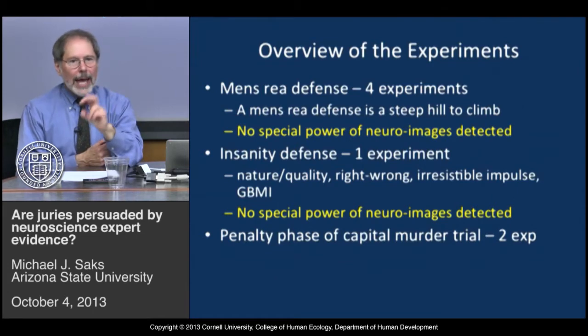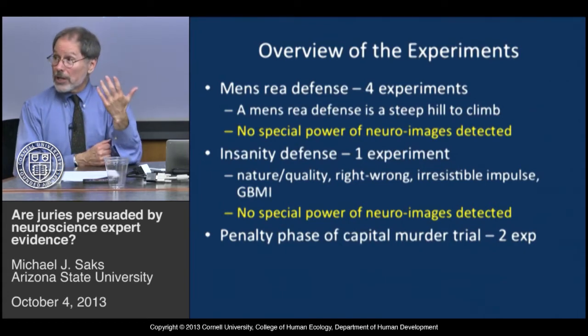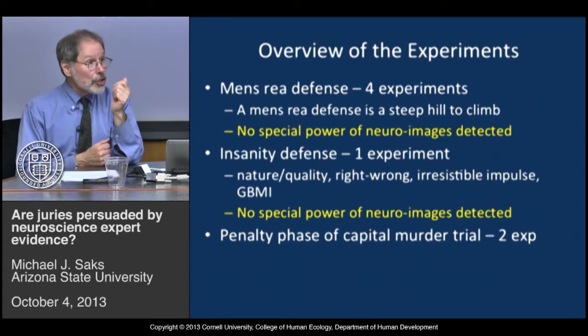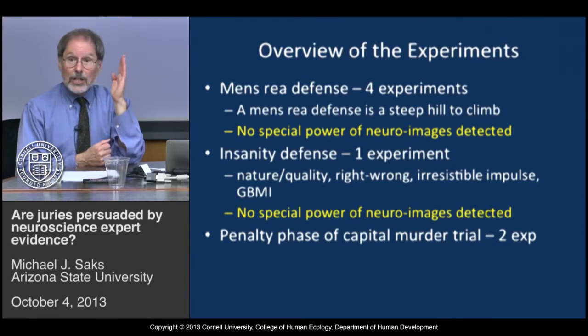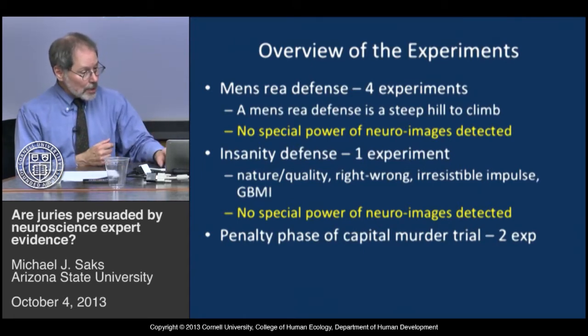And all that the jurors have to decide at this stage of the trial, and all our subjects had to decide was, do you want this person to get the death penalty, or should this person be locked up for the rest of his or her life? We have two experiments there.